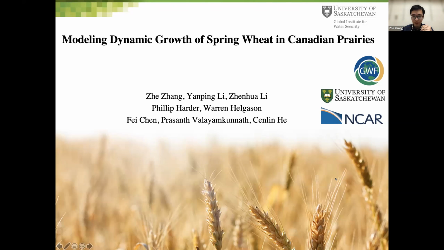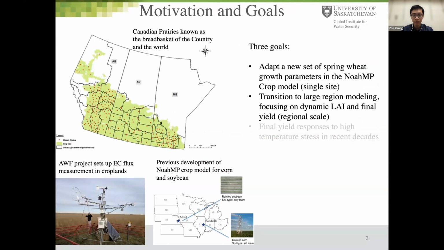So first of all, let's talk very briefly about the motivation and the goals of this study. So here I'm looking at the Canadian prairies, and wheat is the largest staple field crop planted in this region. And Canada is also a very big exporter of wheat globally.